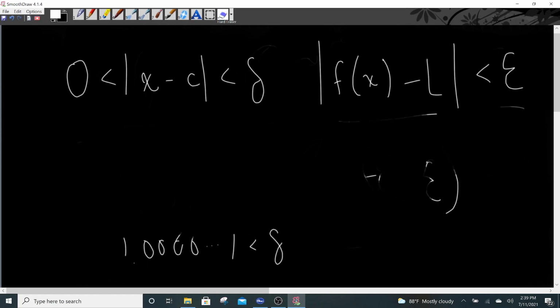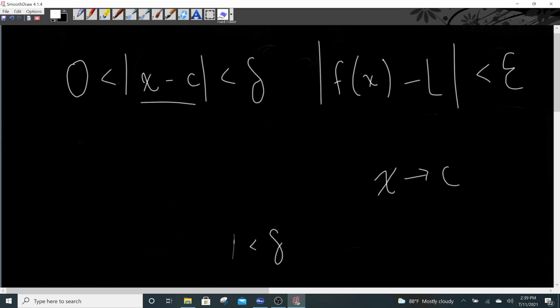And we know that as delta gets smaller and smaller, this x minus c gets smaller and smaller as well, and therefore x is getting closer to c, or in more mathematical terms, x is approaching c. So we understand what's happening for our first expression. For 0 is less than the absolute value of x minus c, which is less than delta, we are saying x cannot equal c.